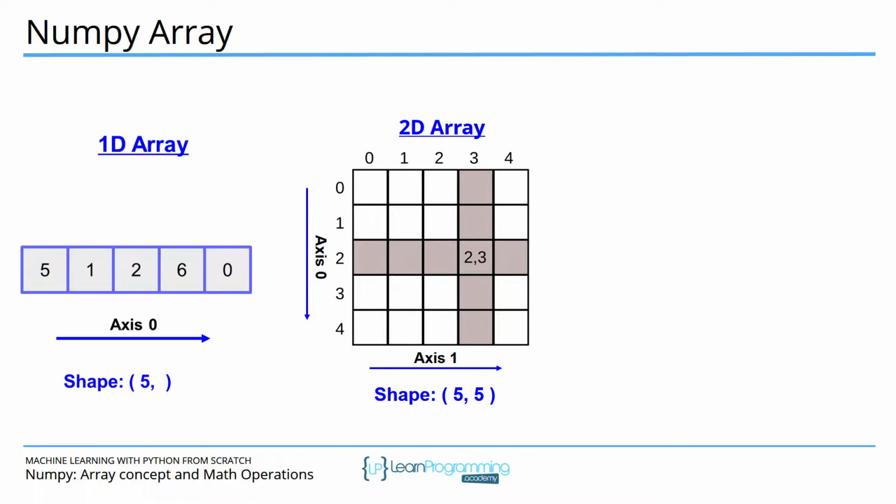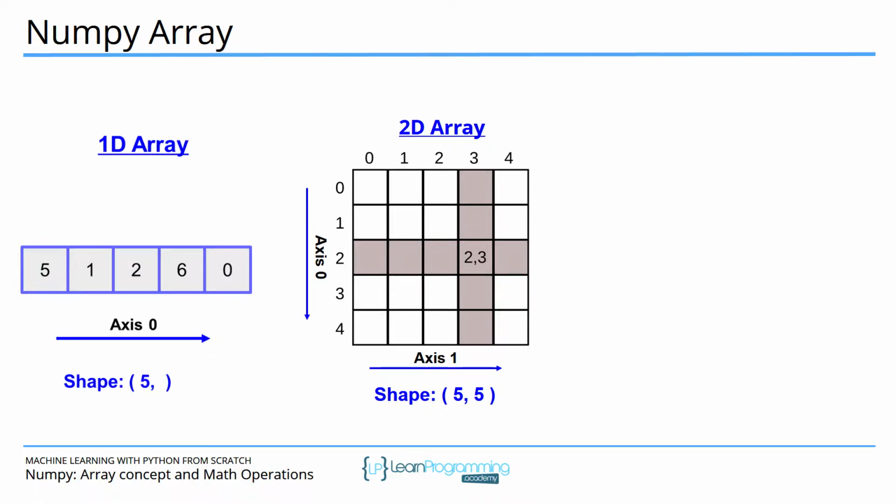Remember, the first value is always about rows and the second value is about columns. So the shape will be 5 by 5, 5 rows with 5 columns in two axes, axis 0 and axis 1. This notation is very important to know when you are creating arrays with NumPy.